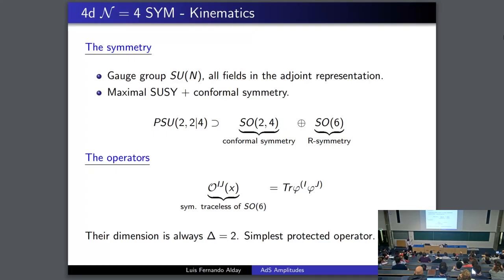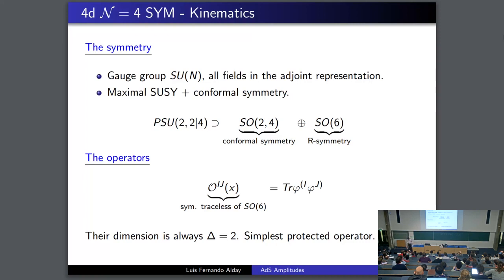This is an extremely simple operator. It's the simplest protected half BPS operator of the theory, and the dimension is always 2. So this is the operator whose 4-point function we will consider.